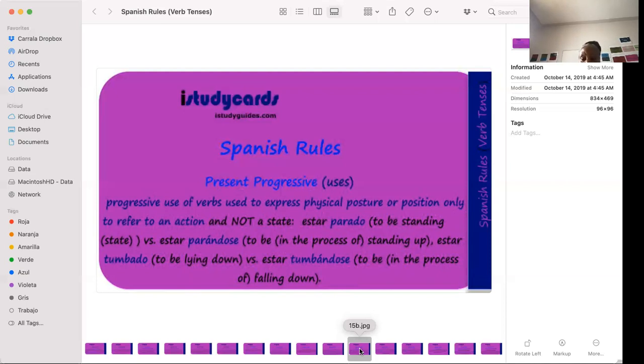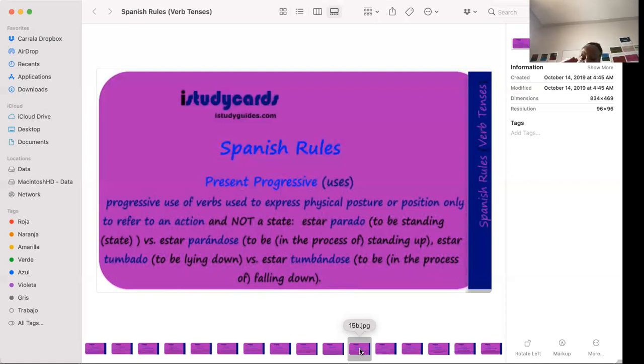So here's an example. Using the same two verbs, estar parado, to be standing. That's a state. That's what you're doing. You're standing. But estar parándose, that, by the way, is the reflexive.